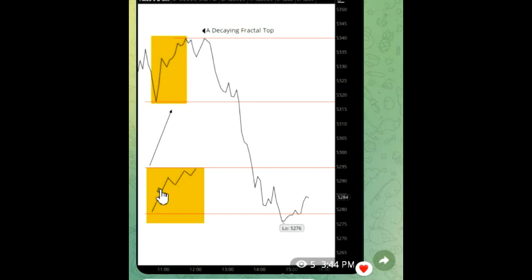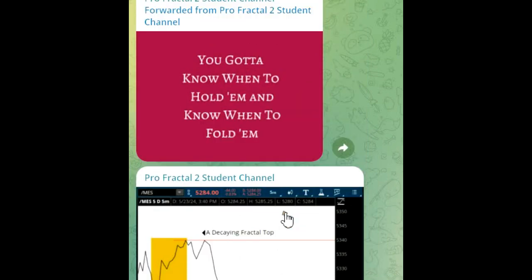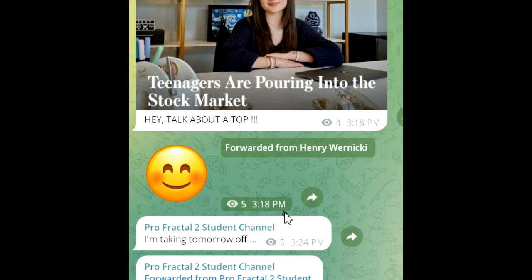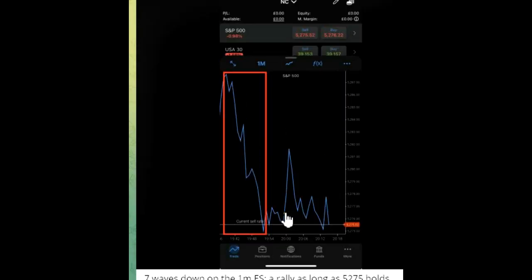Ideally, it would look like this, but semi quasi static, mirrored that. Turn down. This is the top. Boom. You gotta know when to hold them, when to fold them.